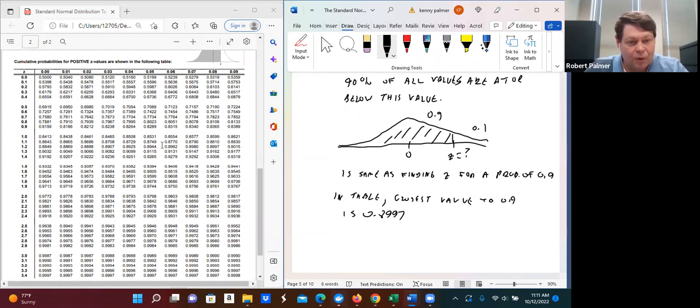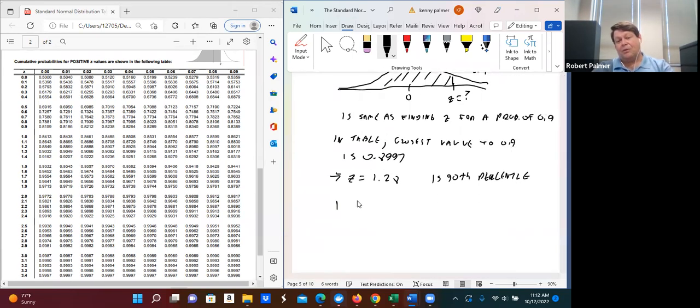This is the 1.2 row, and then the column is 0.8. So that says the z-score is equal to 1.28. That's a cutoff that gives you the 90th percentile. So 90% of the values are less than that, and then 10% are greater than that.